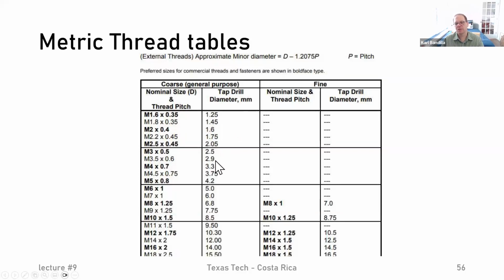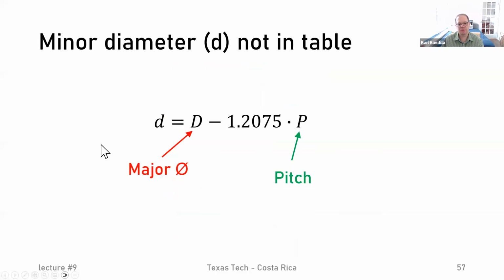Again, that's what we would use to create the internal ones. And then we have a similar type of equation, like the numbers are a little bit different for the minor diameter. All right, so if we look at that right here, it looks very similar. It's just that this time we're given the pitch within our table, so we don't have to worry about it.